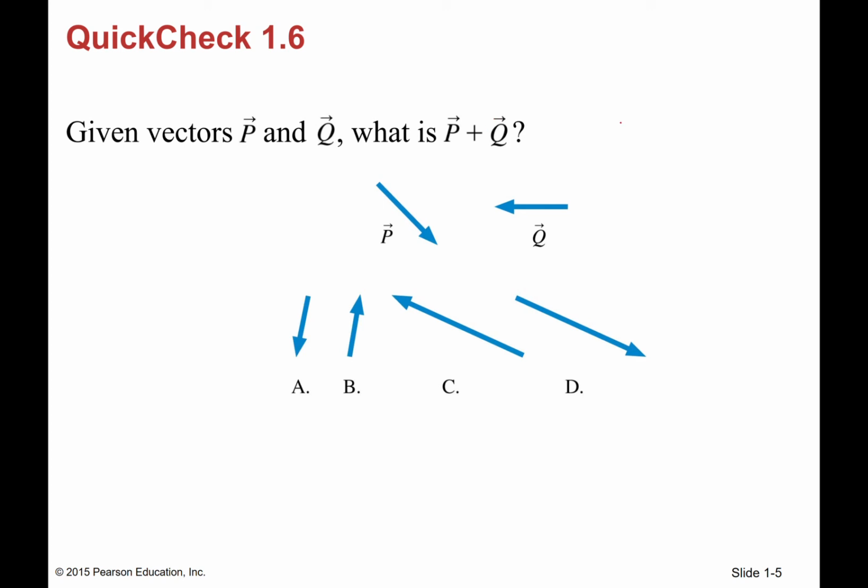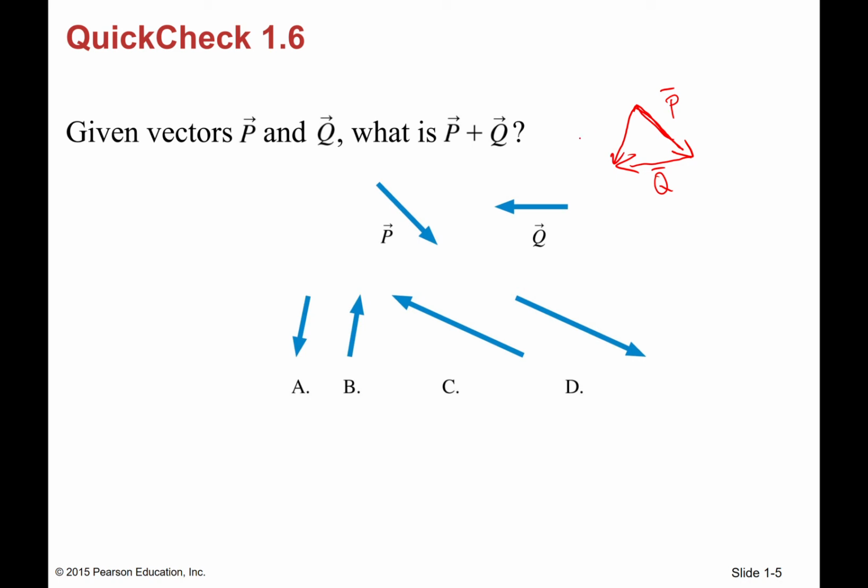You have P, this is your vector P, and redrawing it here, this is P. Now we want to add Q, so we are going to take the tail of Q and put it at the tip of P. So here, this is Q. Your vector P plus Q is this vector that goes from here to here.